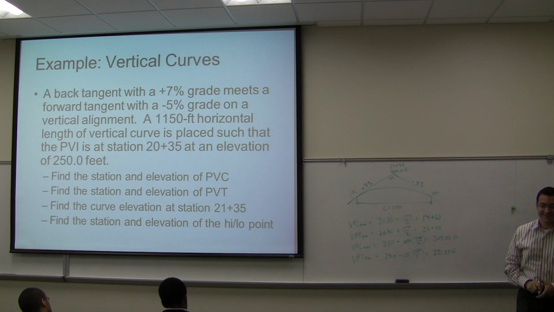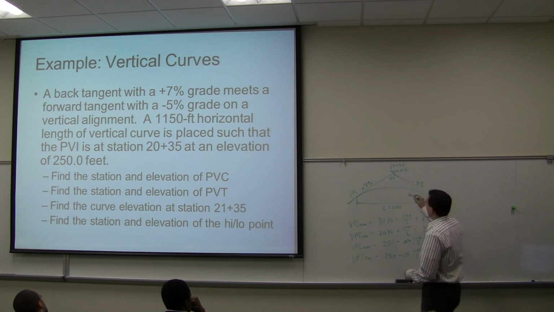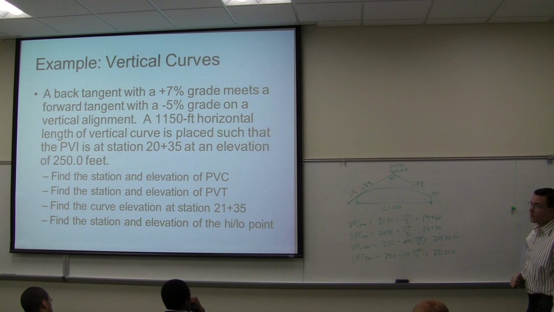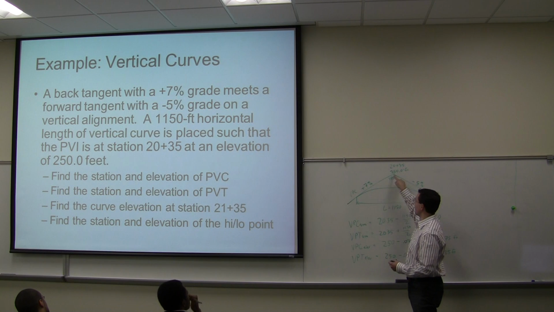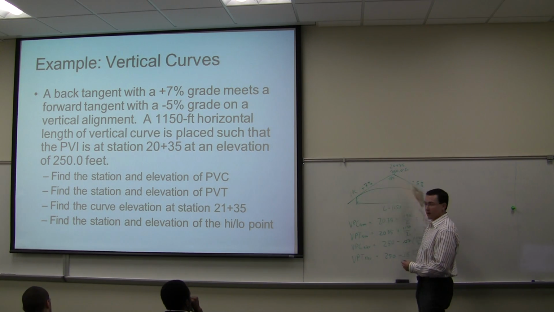I do have a question. You said earlier that the back tangent is looking from the VPI to VPC. So if you're looking from there to the VPC and it says a positive grade, then that's going uphill, because I was thinking of the sag. If you were doing that, you'd end up negative on the other end.